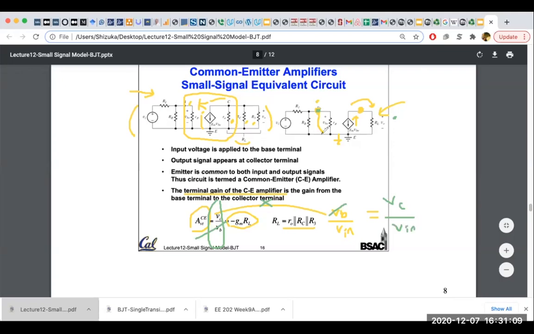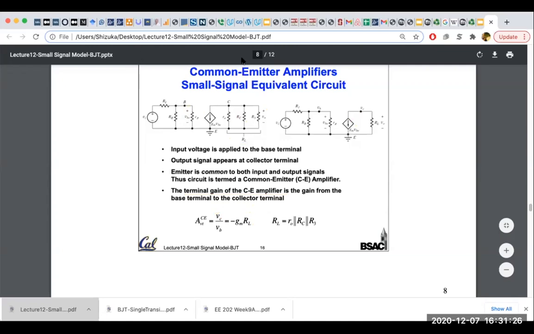I'm sure you can solve these ones if you are good at nodal analysis and stuff, but the important thing is to know different amplifier types. And the purpose of this class is actually to show you different amplifiers. So this is a common emitter BJT.